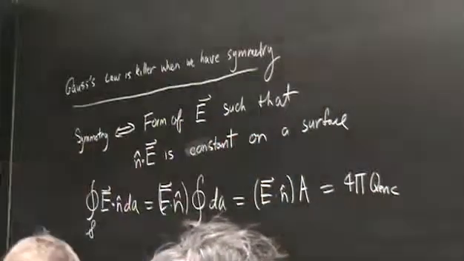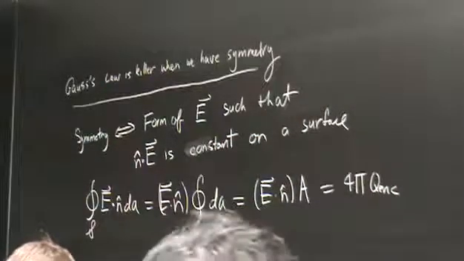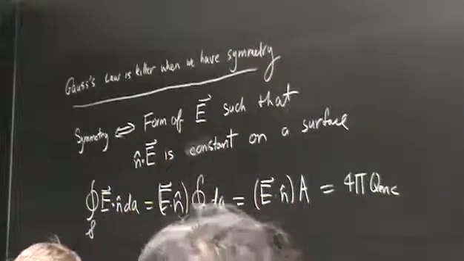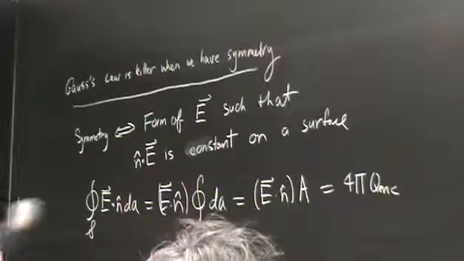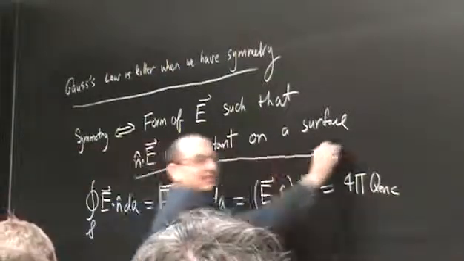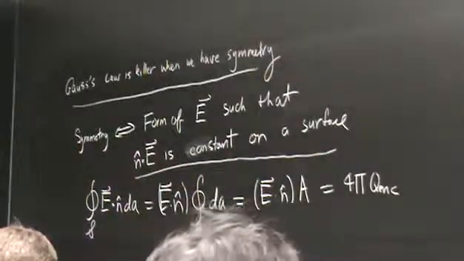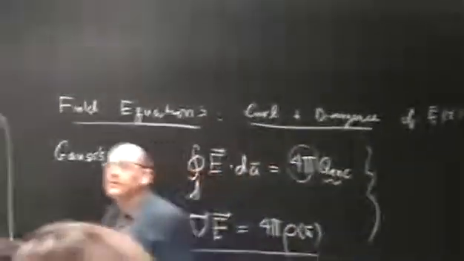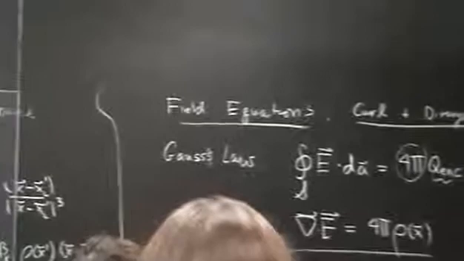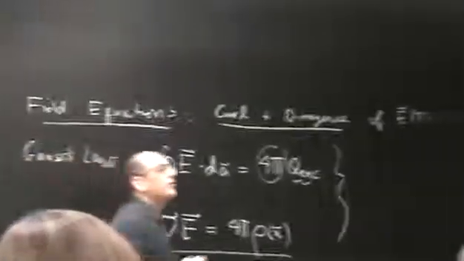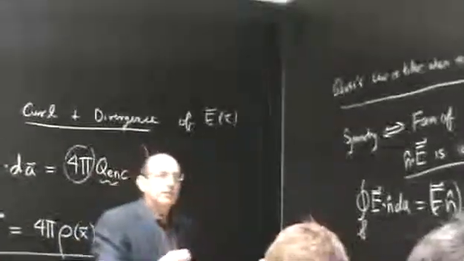So one should use Gauss's law to get the field when this is true. If it's not true, then it's not going to be so useful for determining what the field is. Okay? So let's remind ourselves of some very simple examples.